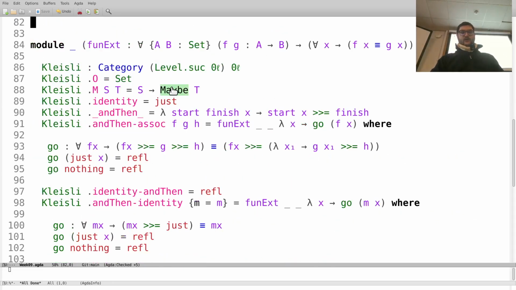And then we saw the Kleisli example. So we looked at the maybe monad in particular, but we said you can generate it for any monad whatsoever, in which case your objects are sets, and then the morphisms are these potentially effectful operations from the source set to the target set.